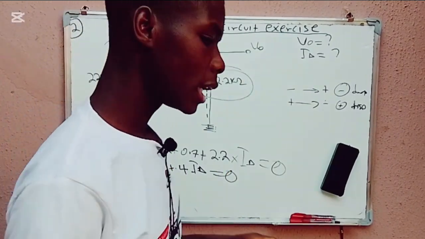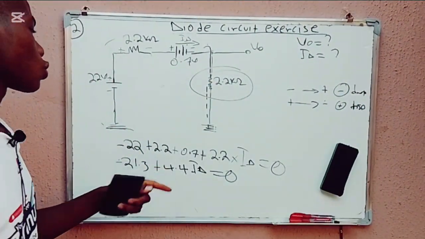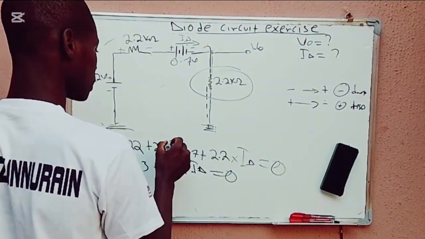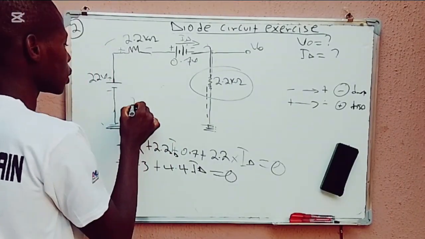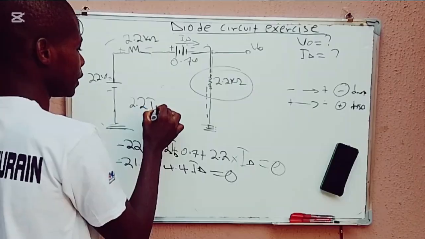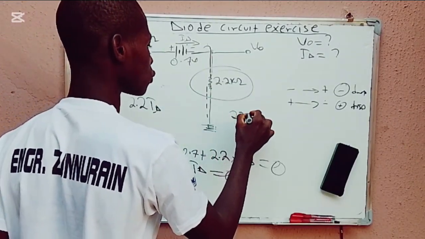You have to know that in each resistance we have the current. So I can set it as 2.2 ID, and again the resistance 2.2 ID.